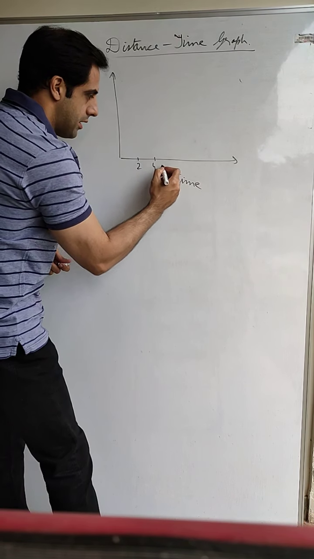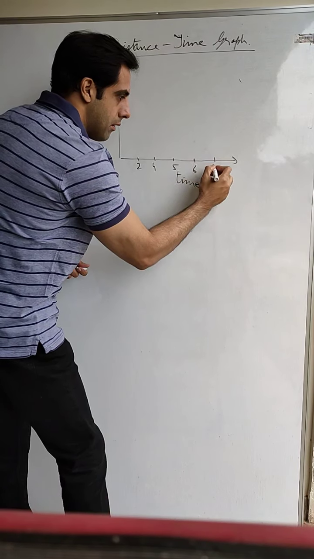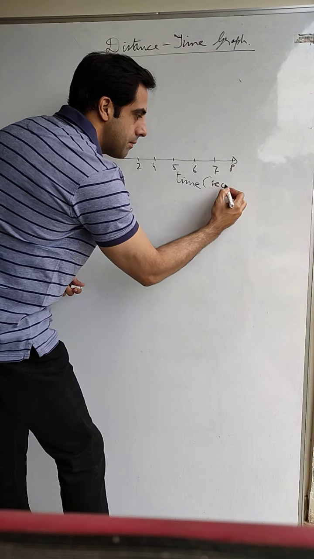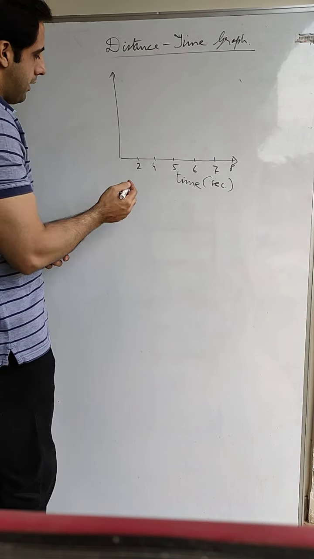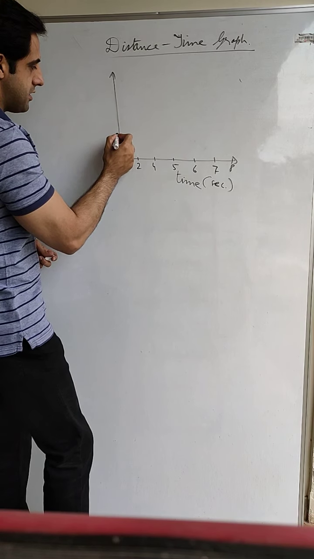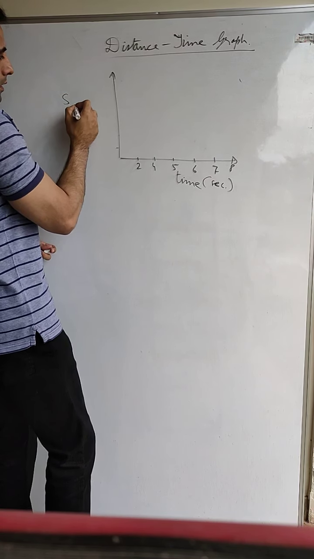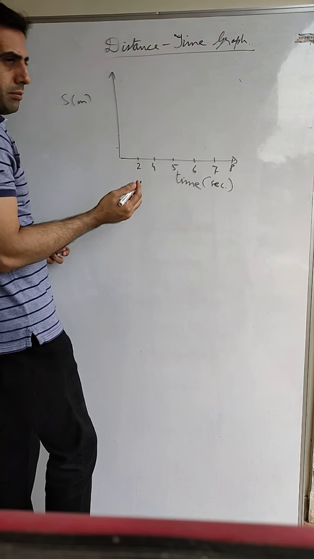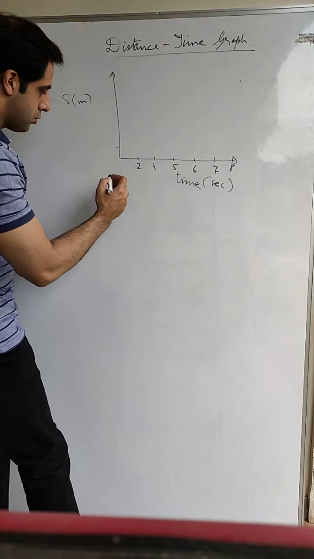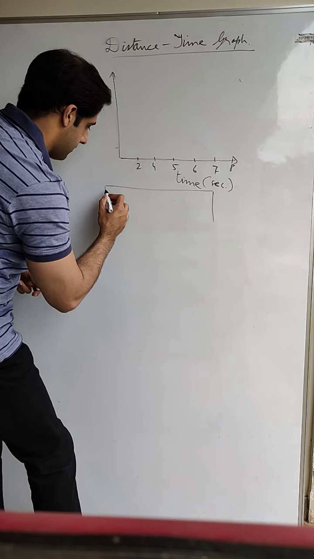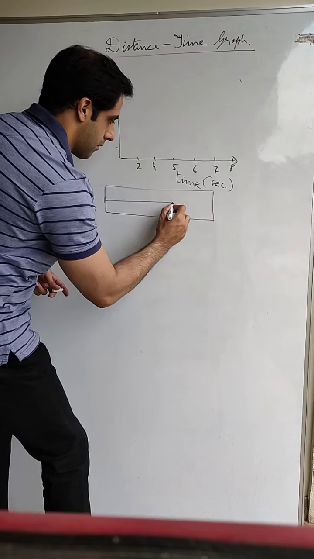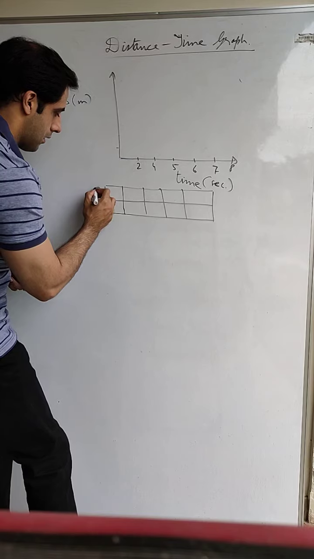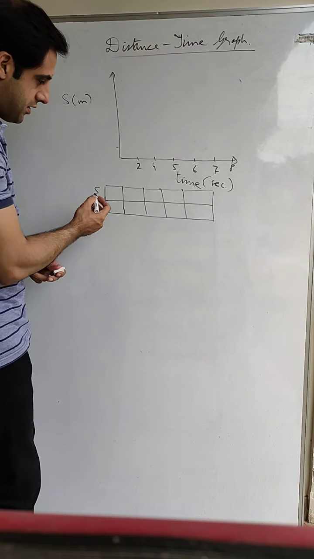So for example, let me take, suppose these are our time. This time is, suppose, in seconds. And similarly this is your distance axis. I will represent distance with s. This is in meters. Now suppose some values are given to us, values of s and values of time, distance and time.